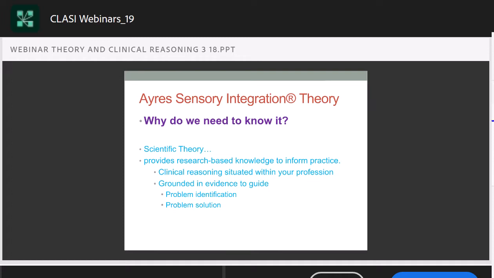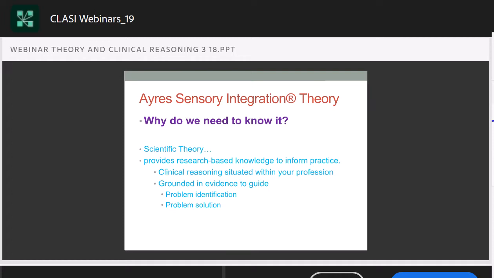We need to know that literature because, first of all, we want to know the benefits of our scientific theory. How valid is it? How reliable is it? Do we have a research base that's adequate to inform practice?